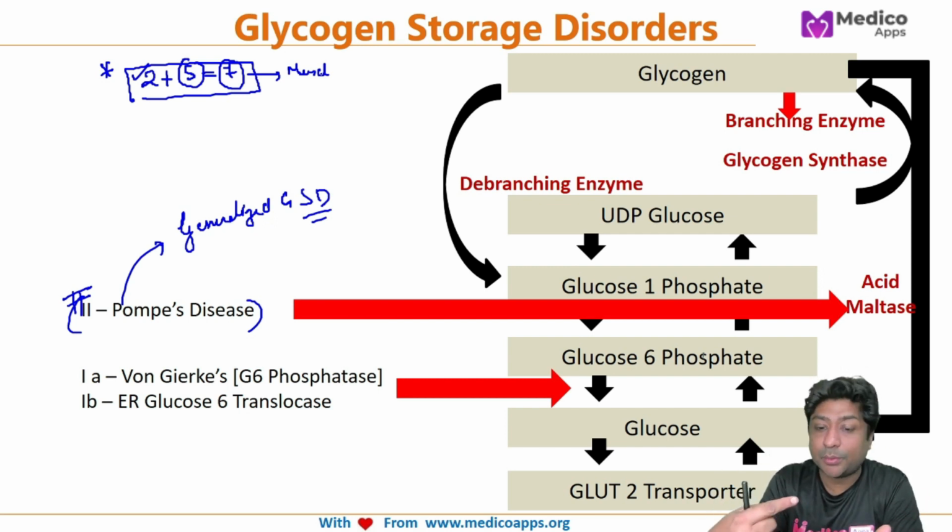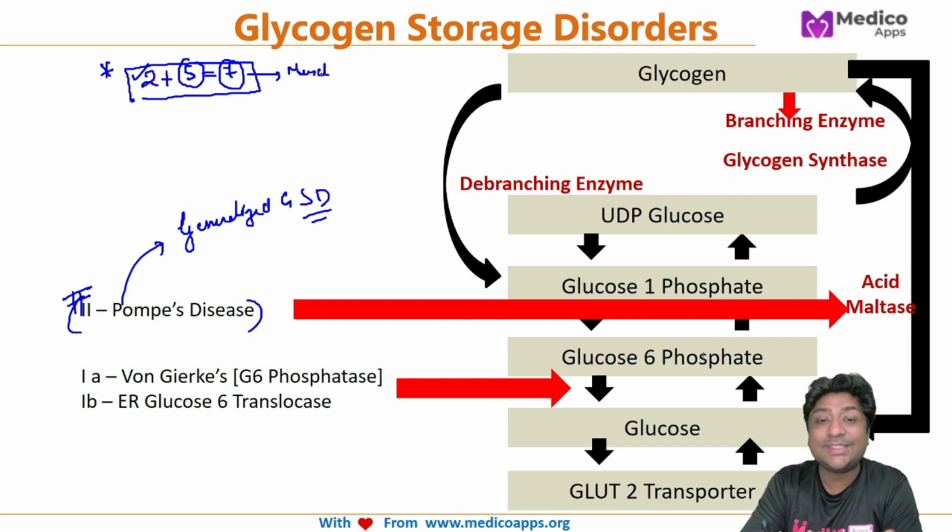So in Pompe's, glycogen will be deposited in the cardiac tissue, in the skeletal muscle, in the liver, and all the other tissues. Primarily, such children will suffer because of the glycogen stored in the cardiac tissue. These children will present very early, around 4 to 6 months, with cardiomegaly and cardiac failure symptoms. If not treated, they will die before 2 years of age.